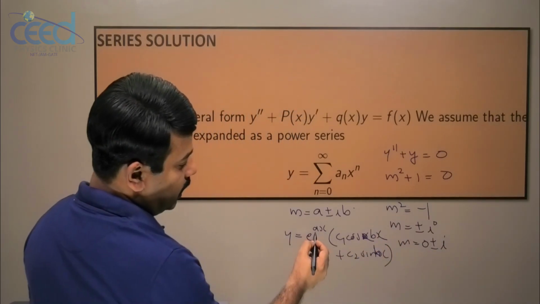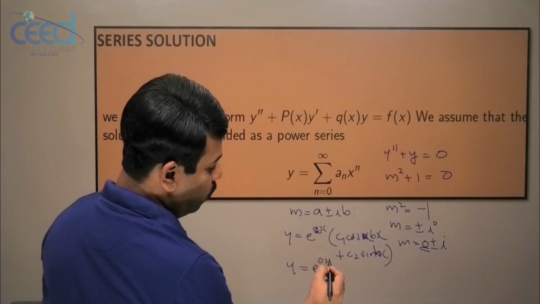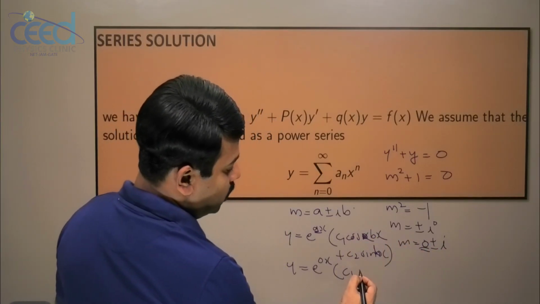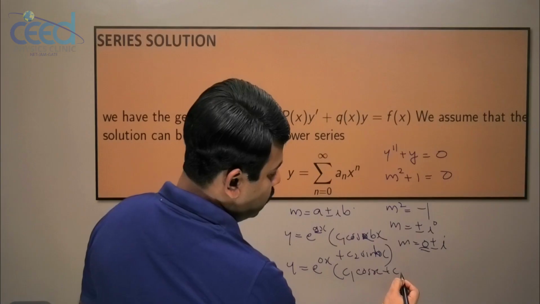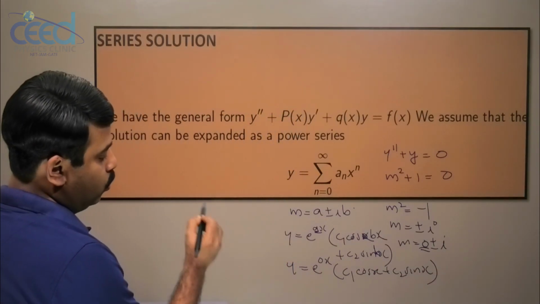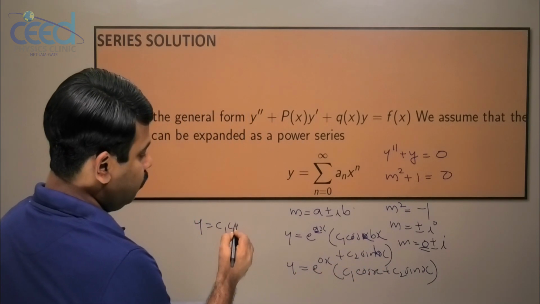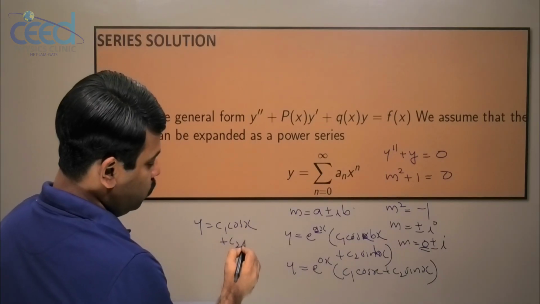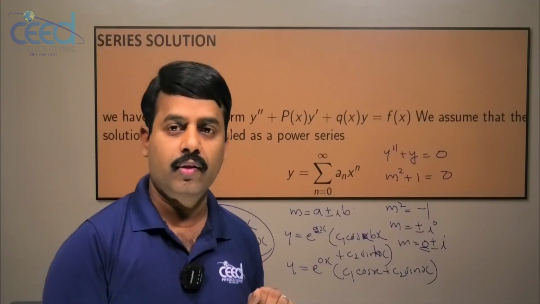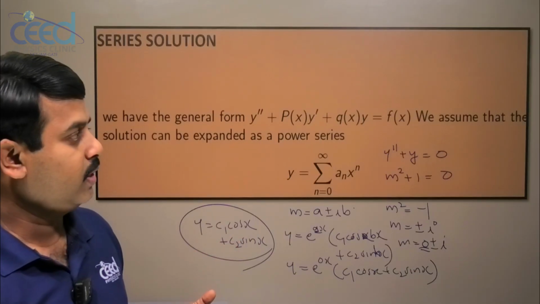Then a is 0 here, and b is 1, the coefficient of i is 1. Then the solution is e raised to 0x into c1 cos x plus c2 sin x. So y is equal to c1 cos x plus c2 sin x. This is the solution of the differential equation, right?